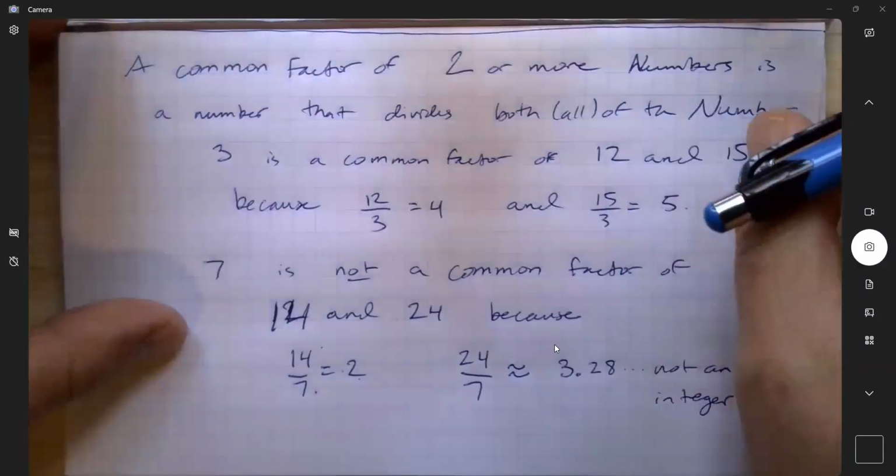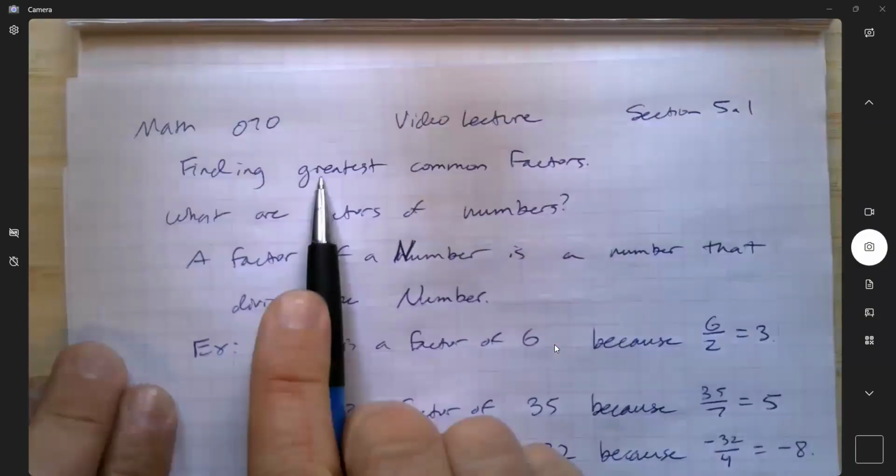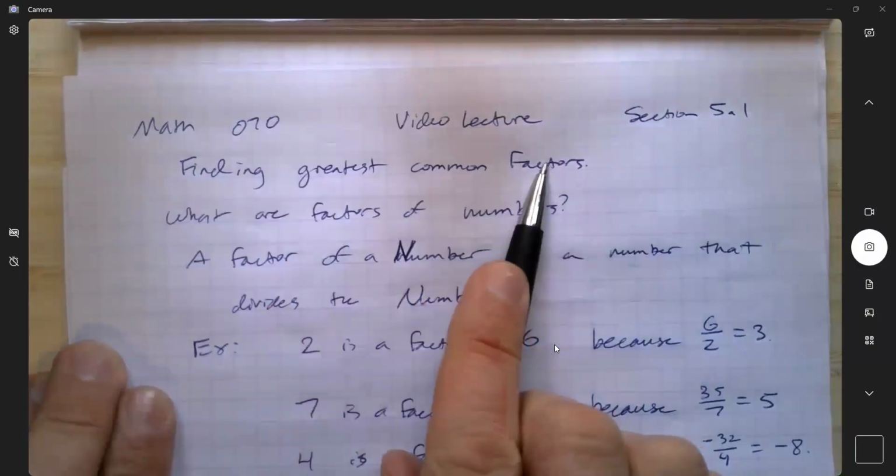All right, we're making our way towards the greatest common factor because we know what factors are, and we know what common factors are.